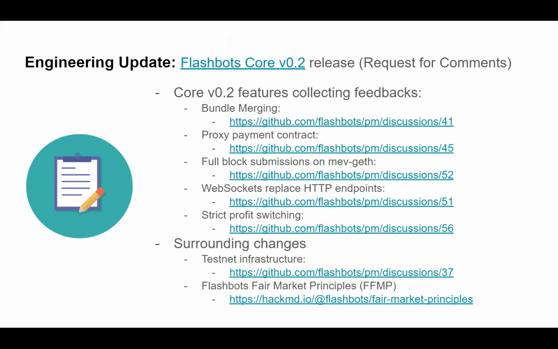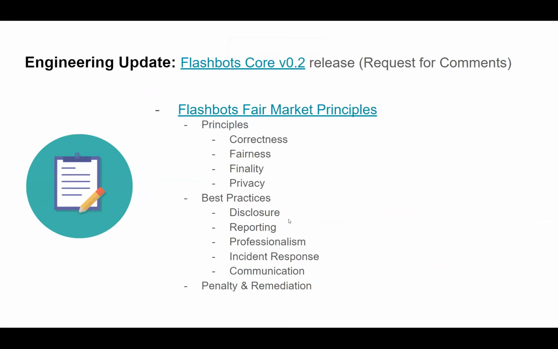And I'd say finally, the big change that we're proposing is a structured approach to defining what are the fair market principles that Flashbots aims to uphold for the ecosystem as a whole. As you guys are aware, in the Flashbots alpha, we have incomplete cryptographic guarantees, right? And there's a requirement for some level of trust in any relay that the searcher uses, but also any miner that receives the bundles from the searchers. And so these guidelines essentially provide a set of rules by which miners and ourselves, Flashbots, can be expected to uphold.